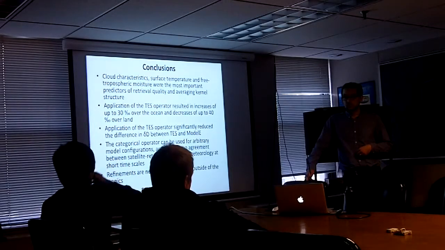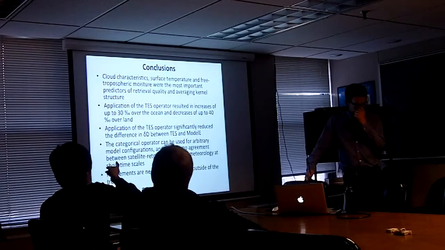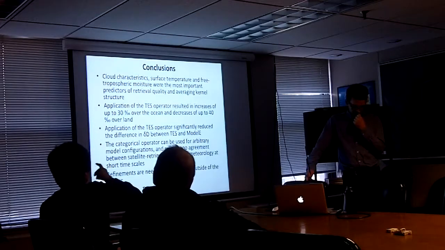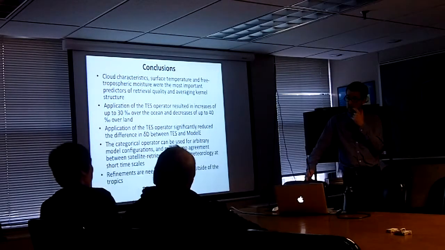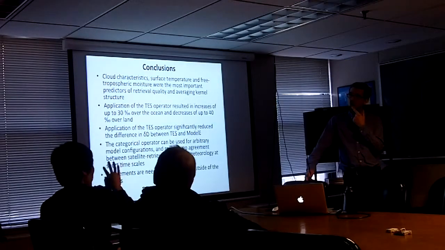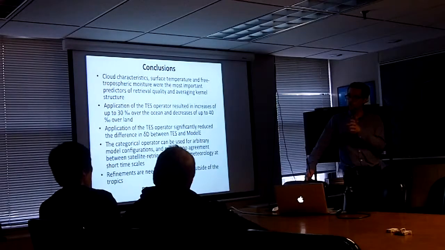In your methodology, you use cloud information and water vapor information to select retrieval quality and averaging kernel structure. Do you have any sense which one is more important? Both, but given the choice between the two, it's the averaging kernel structure which produces most of that transformation.